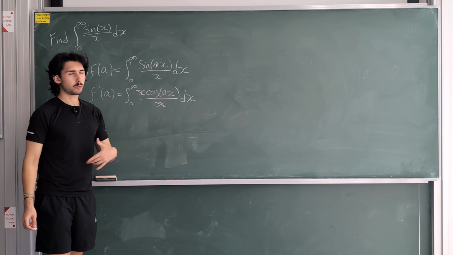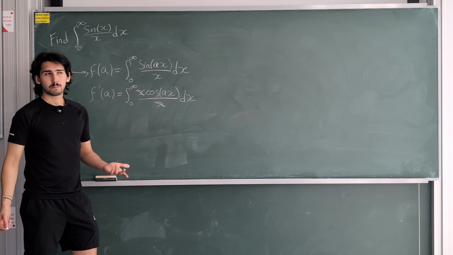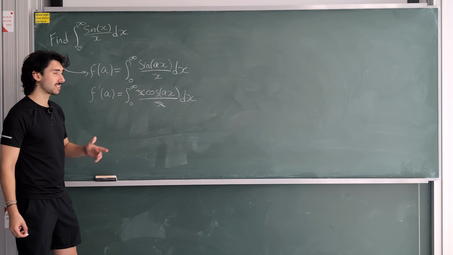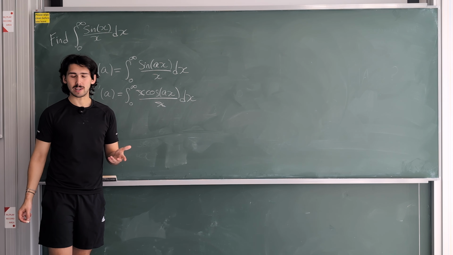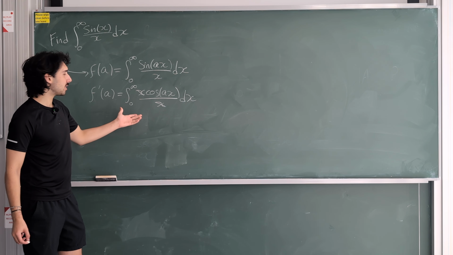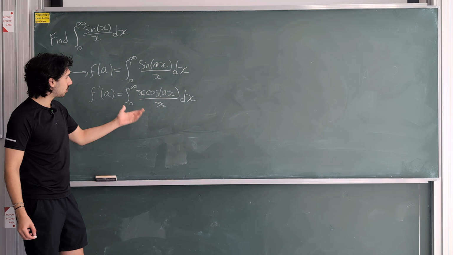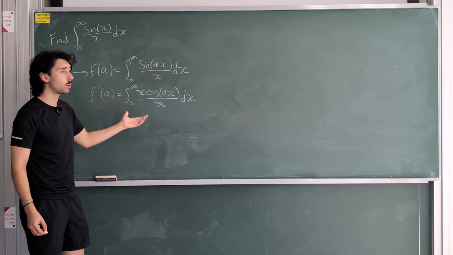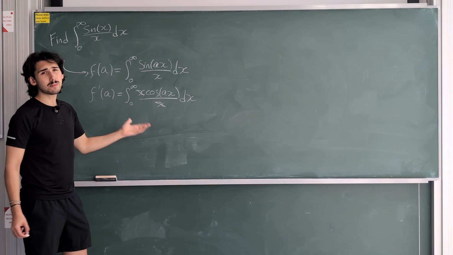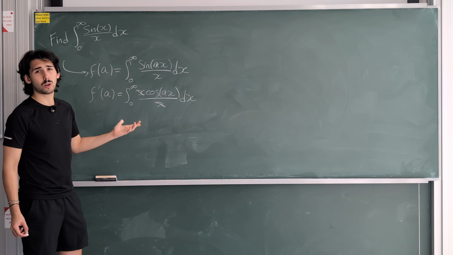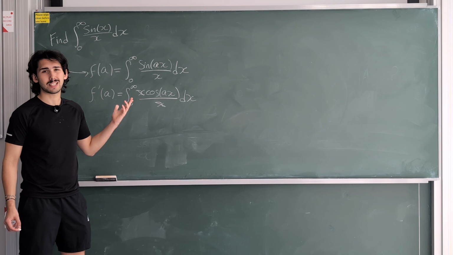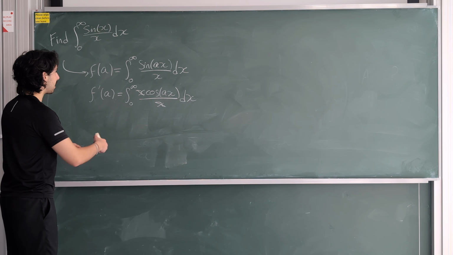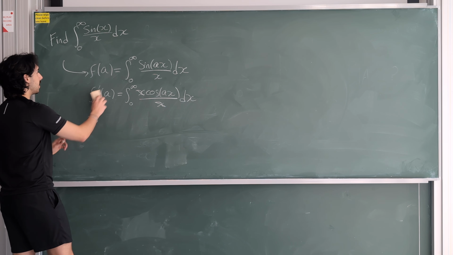Now, the integral of cos is fine, but the integral from 0 to infinity of cos ax is not fine, because this is a divergent integral. This does not have a finite value, so we're at a dead end. We cannot do anything with this. Although this seems to be the intuitive way to start, we realize it simply doesn't work. So unfortunately, as convenient as it may have seemed, we cannot do this.